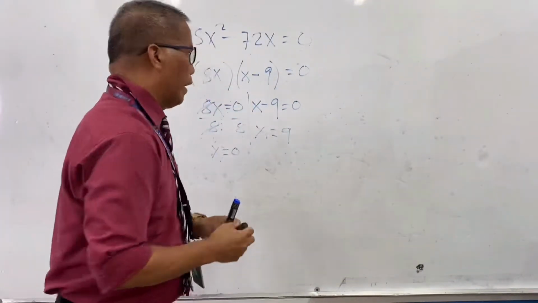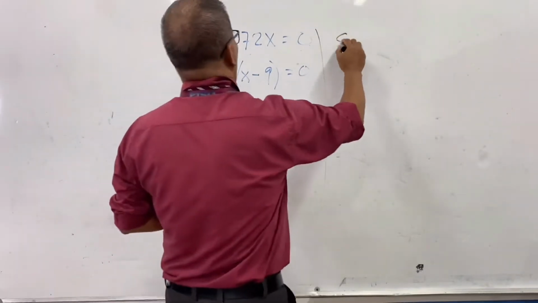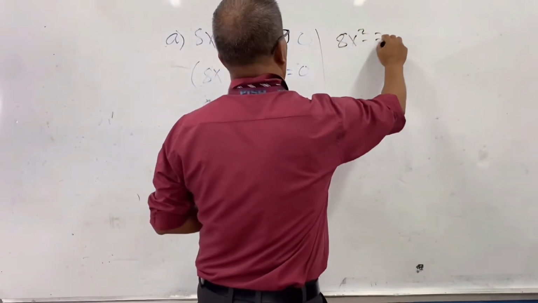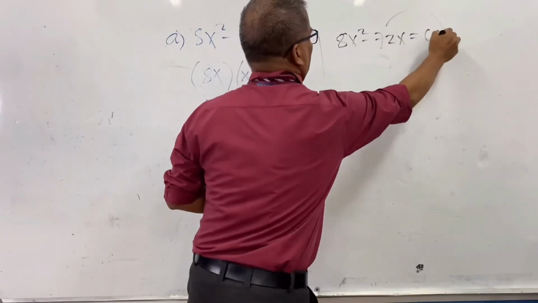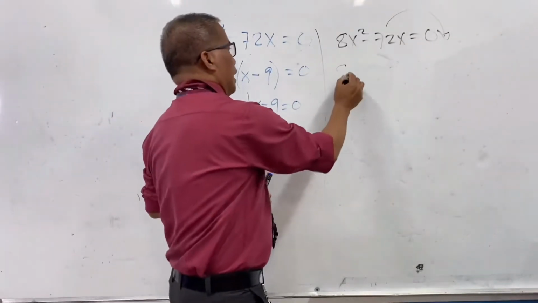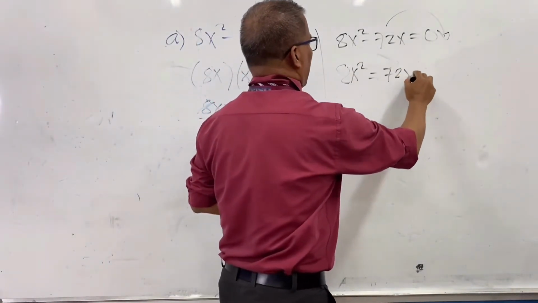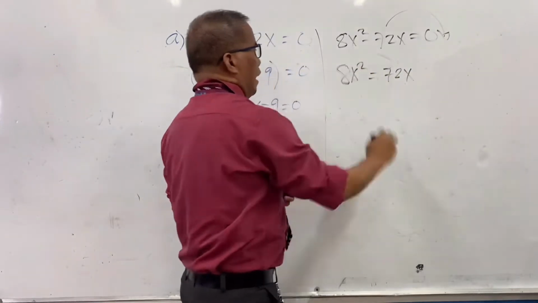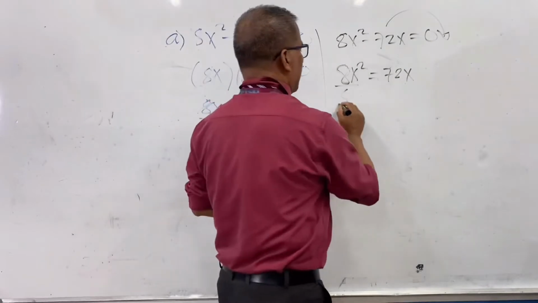Alright? So another way is, we can also solve this as 8x squared minus 72x is equal to 0. So you can transpose minus 72x. So 8x squared is equal to 72x. Alright? And then after that, divide both sides by 8x.